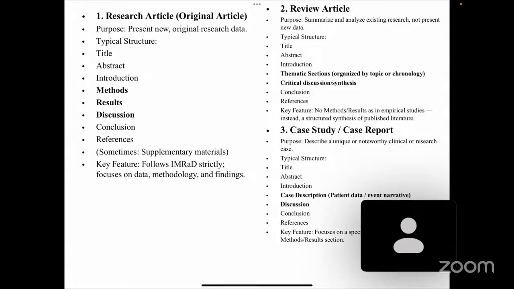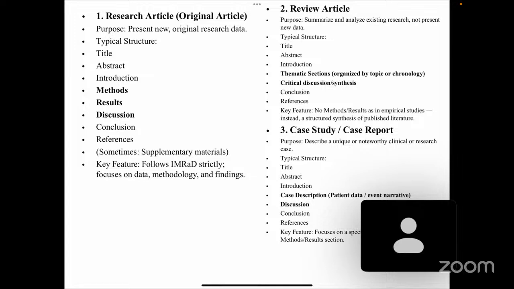By the end of the article, we usually give conclusions and then write your references. The key feature is that it follows IMRAD, and we're going to go through this in a minute. It focuses on data, methodology, and findings. Okay, this is the original article.